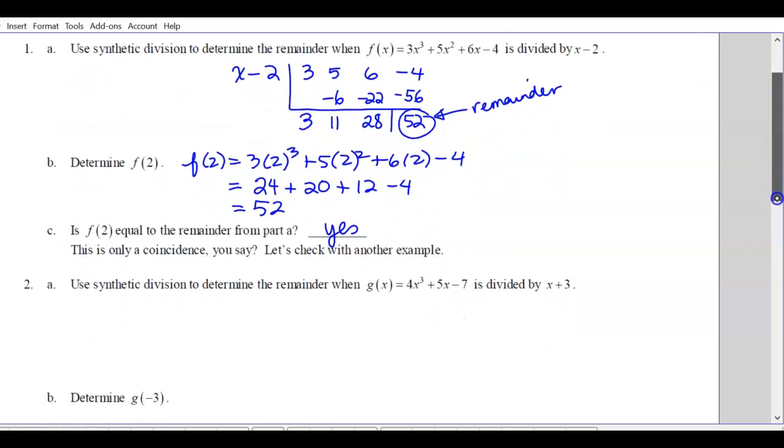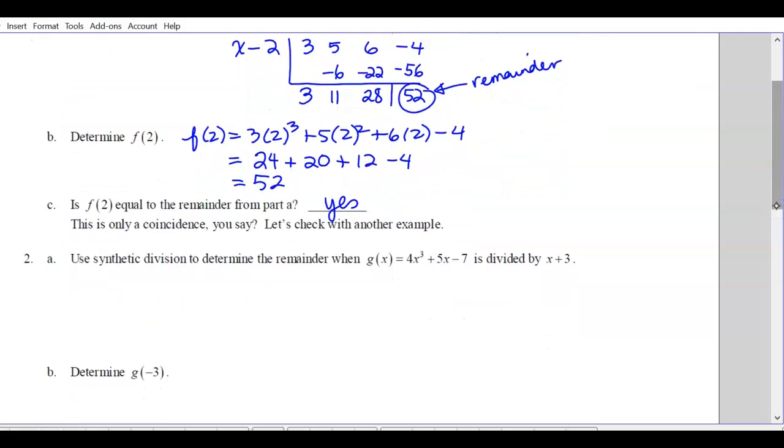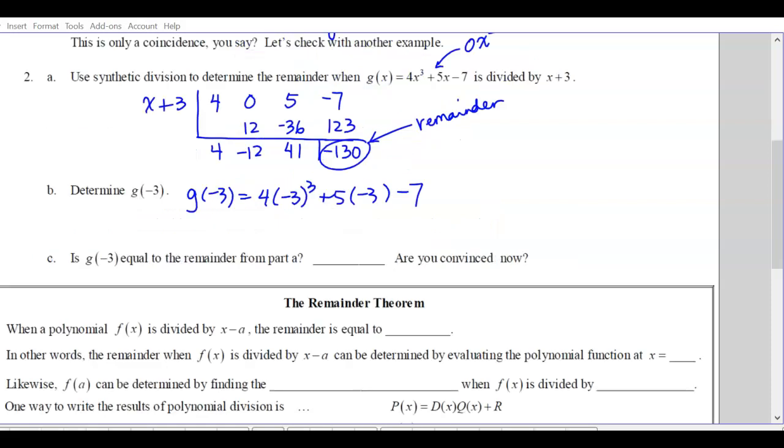So good practice for synthetic division. So do the next one. Careful on this. There's no x squared term, so put a 0 placeholder. When you use synthetic division, you get a remainder of negative 130, and then I want you to find the value of g of negative 3.